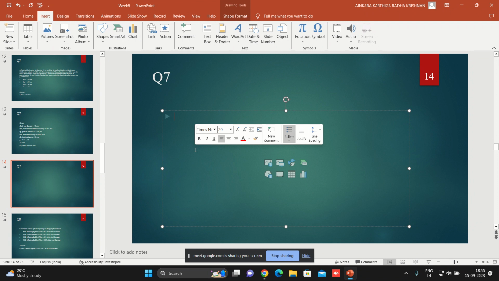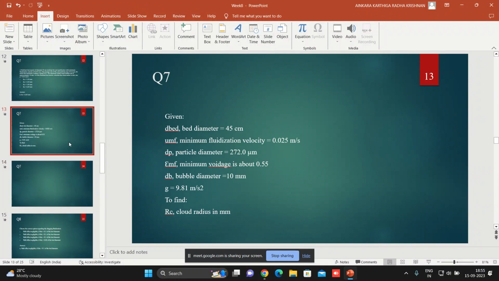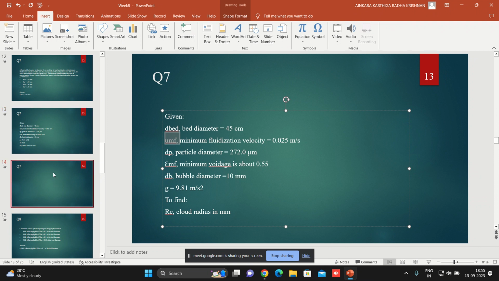So first step is to calculate U_mf by epsilon_mf. Do we have U_mf? U_mf is there. Epsilon_mf is also there. 0.025 by 0.55.